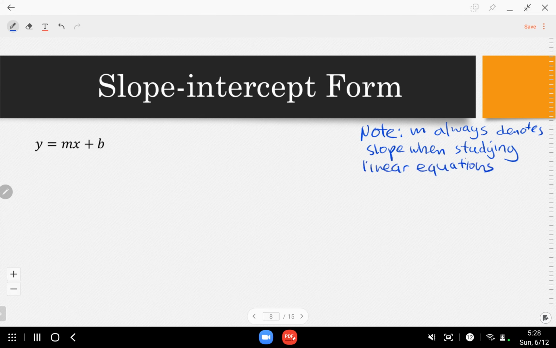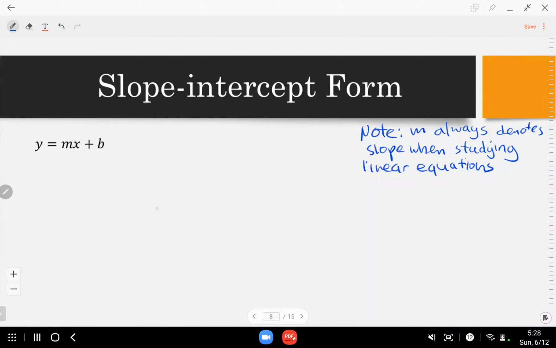All right, so when we're studying linear equations, m always denotes the slope, right? In other areas of mathematics or other theorems, m might denote something else, totally something else. But when we're talking about linear equations, this kind of slope-intercept form, it always means the slope, all right? So when we're given something like m is equal to what, then you know that's the slope.